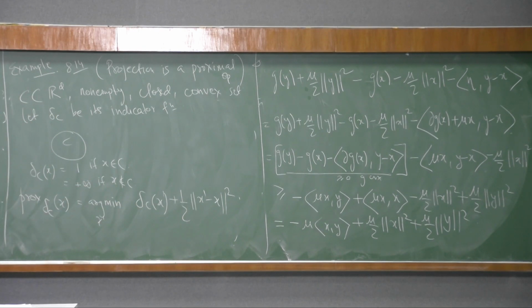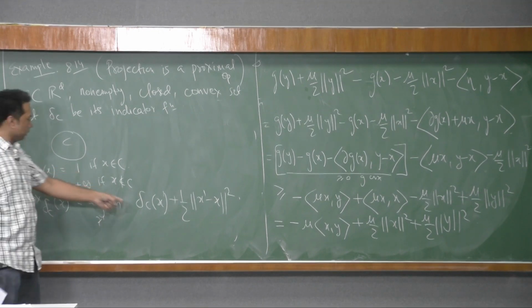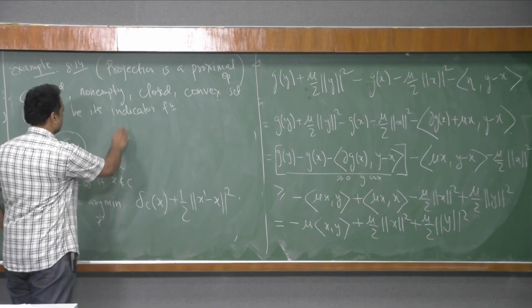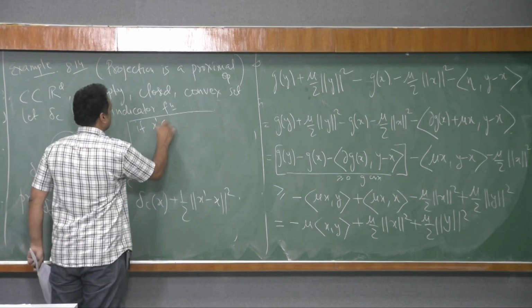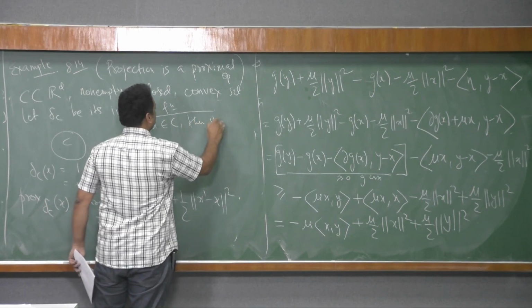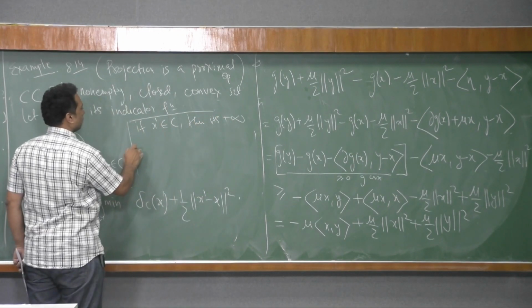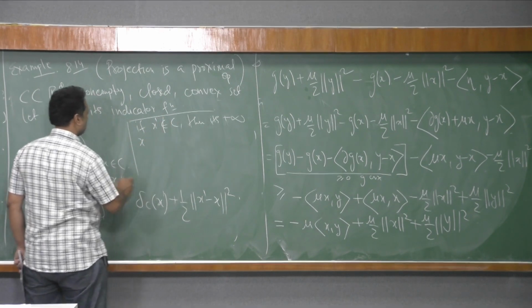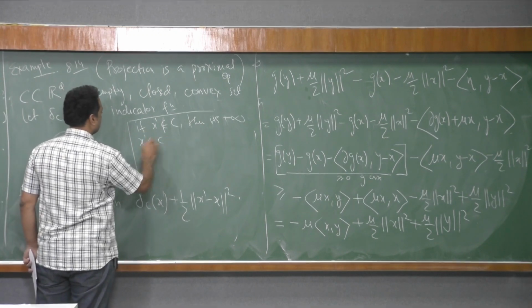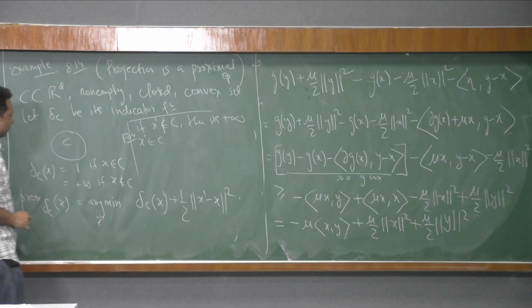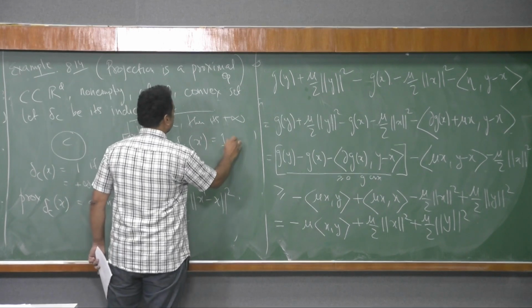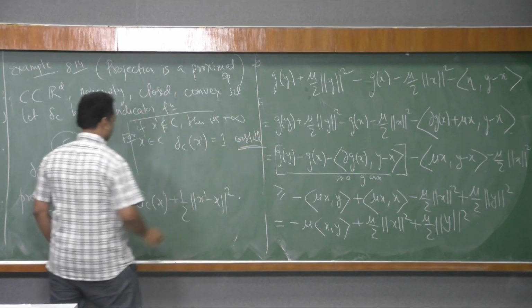So I have to look for x' in C. For x' in C, delta C of x' is a constant, and a constant has no role in the optimizer.